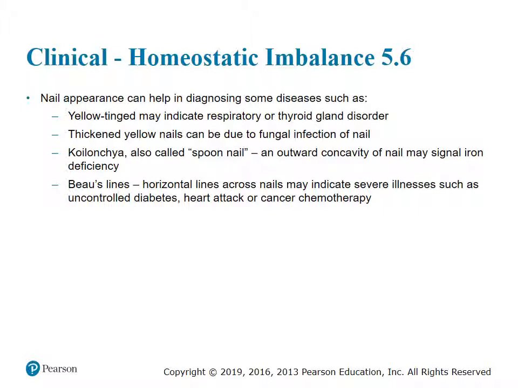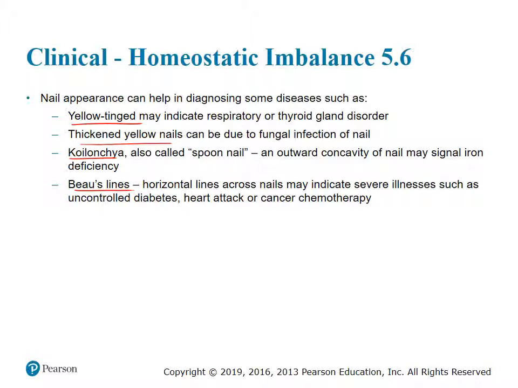Okay, so sometimes you can see this. Looking at nails, their color and shape, can sometimes indicate disorders, diseases, and issues like that. A yellowish color might be an indicator of a respiratory disorder or a thyroid gland disorder. A thickened yellow nail is usually a fungal infection.